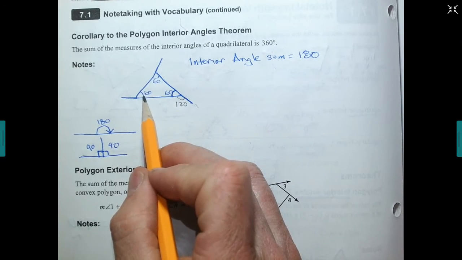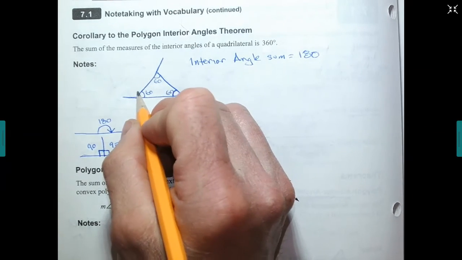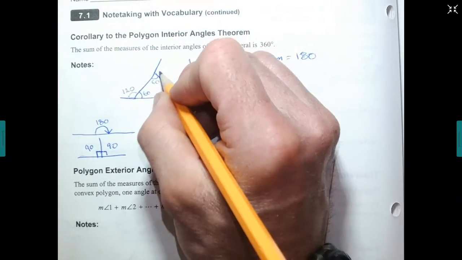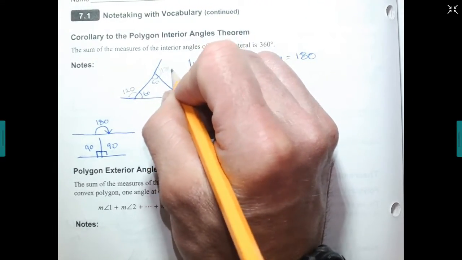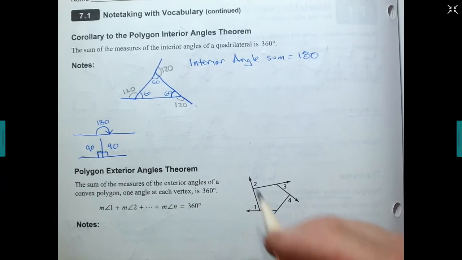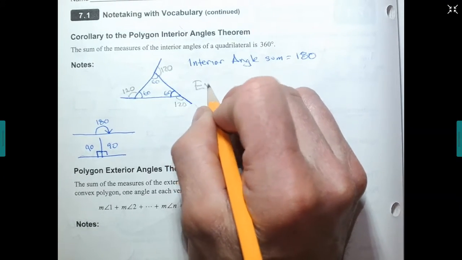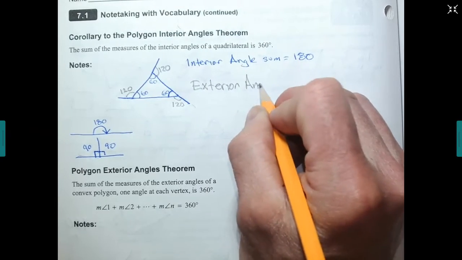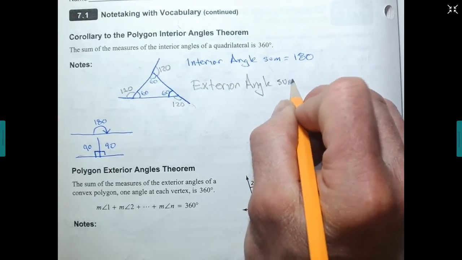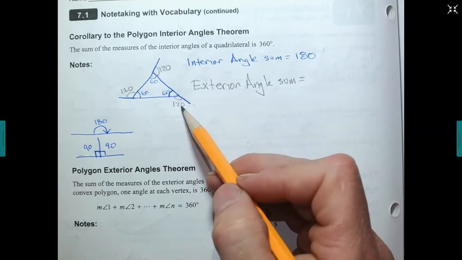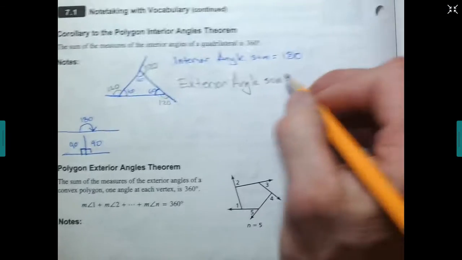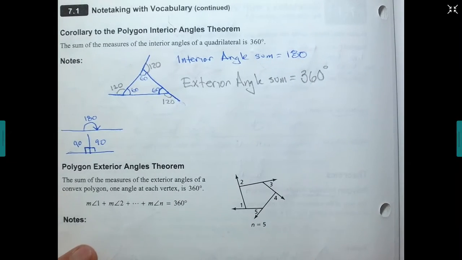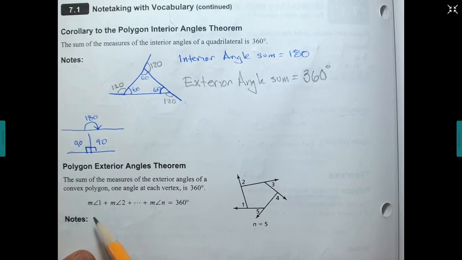Same thing here. If I took 60 away from 180, I would get 120. So my exterior angle sum for this triangle would be 120, 120, 120. 120 times 3 is 360 degrees. So that's how I get my exterior angle sum.